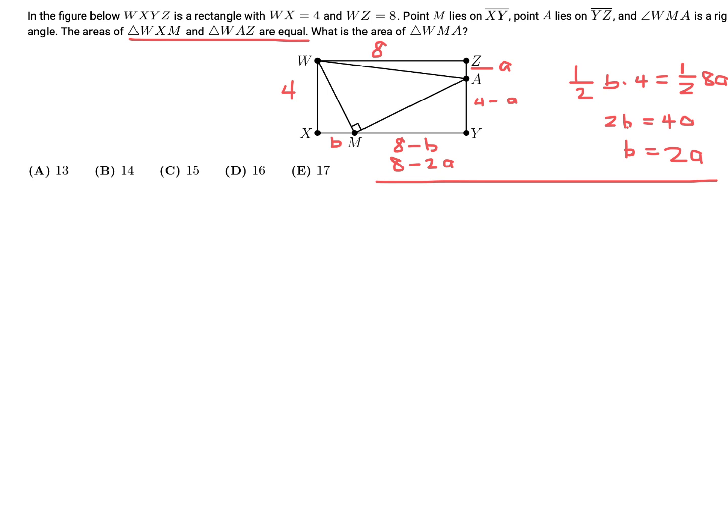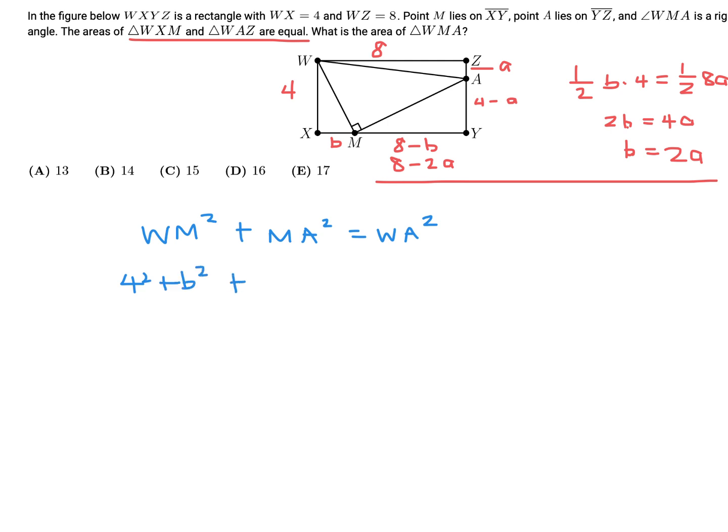Now, we're going to use Pythagoras because of that right angle. So that basically means that WM, hold on, let me change colors here. I don't want to use red for the whole thing. WM squared plus MA squared is equal to WA squared. Okay, so what does it mean? Well, WM I can have in terms of Pythagoras on WXM, so that would be 4 squared plus B squared.